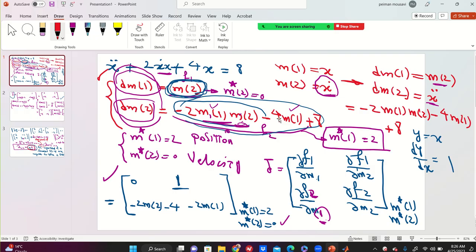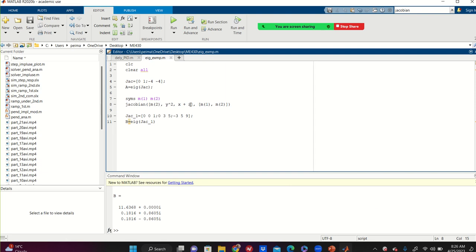Minus 2 M1 M2 minus 4 M1 plus 8. So the second row is minus 4 multiplied by M1 and M2, minus 4 M1, right, guys? Plus 8. Here we go.